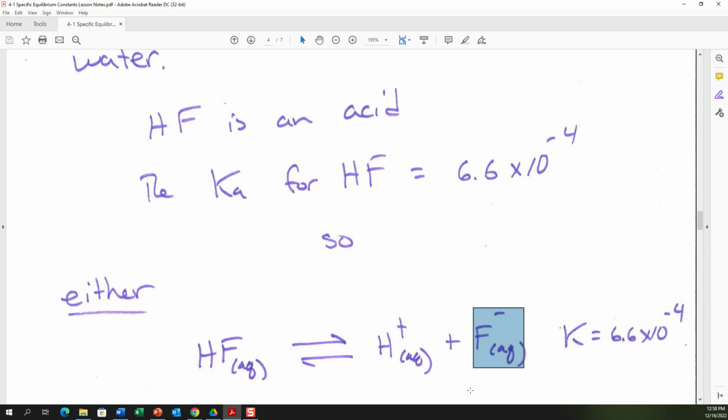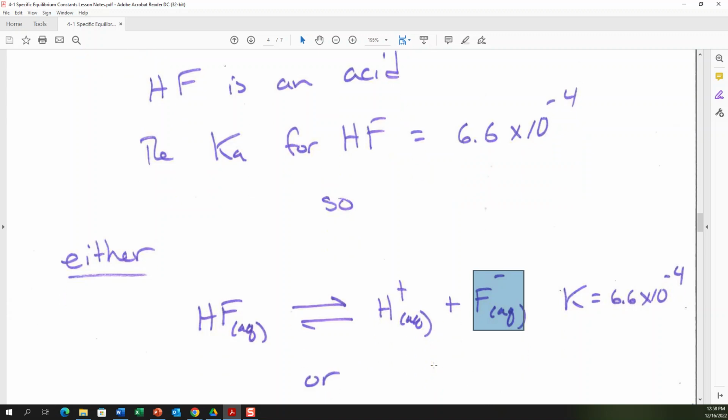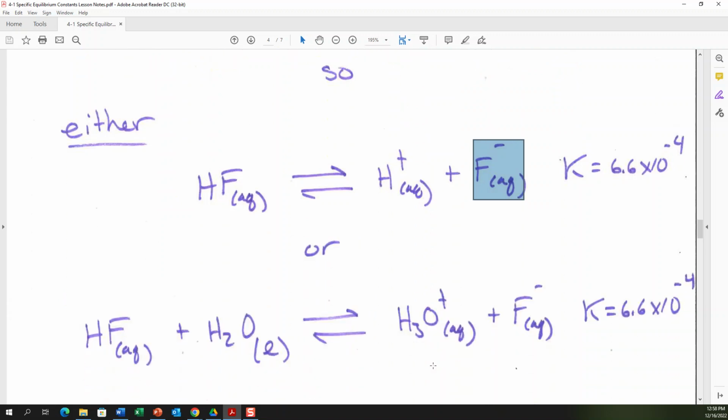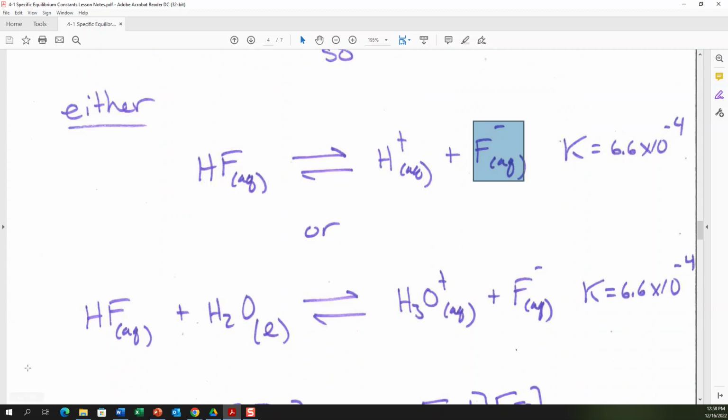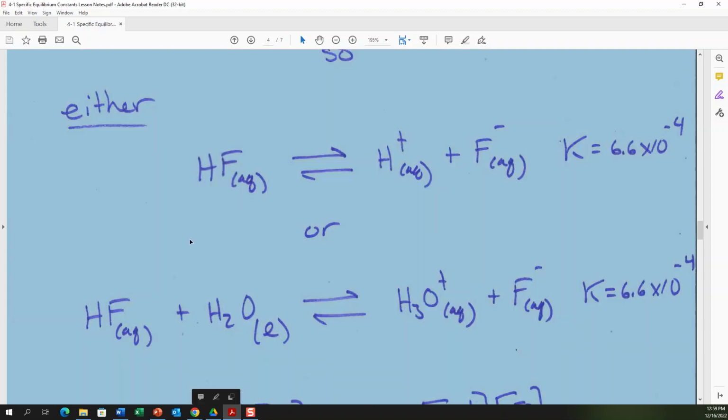Now, the better way to think about it, which is the same exact thing, would be showing HF giving an H plus to a water molecule so you get hydronium and fluoride. This equation and this equation are equal to each other. That K and that K are the same exact thing. It's the Ka for this acid.